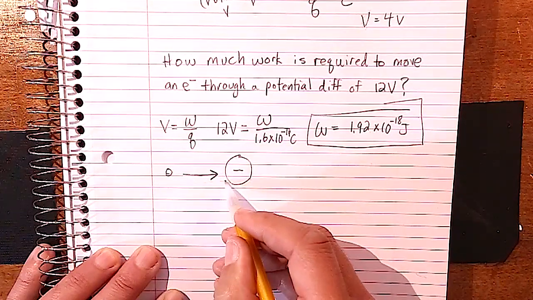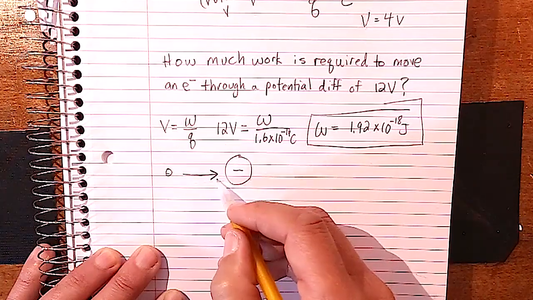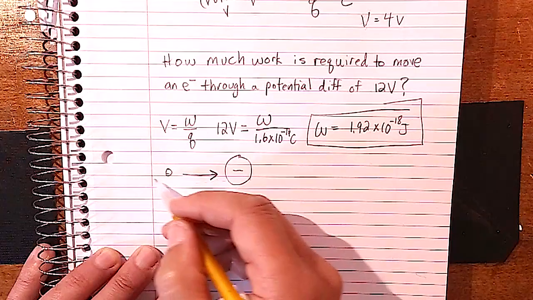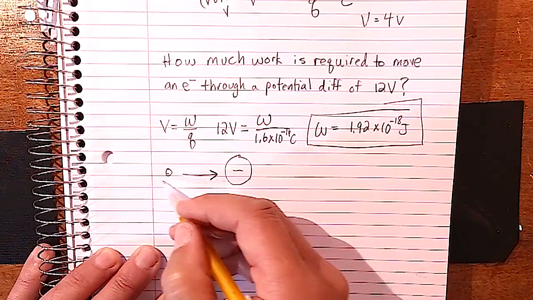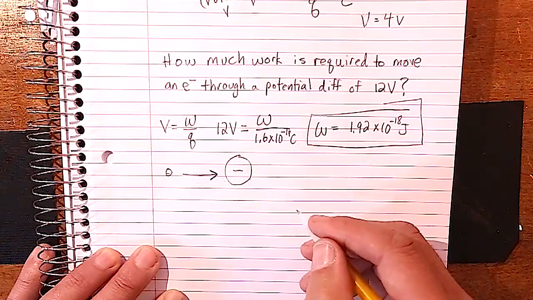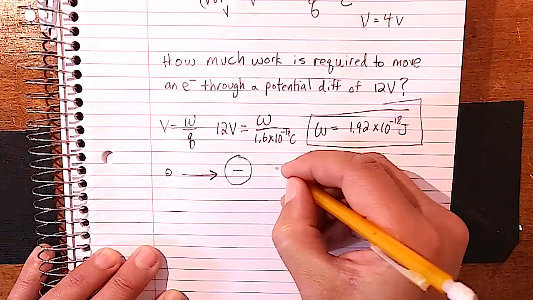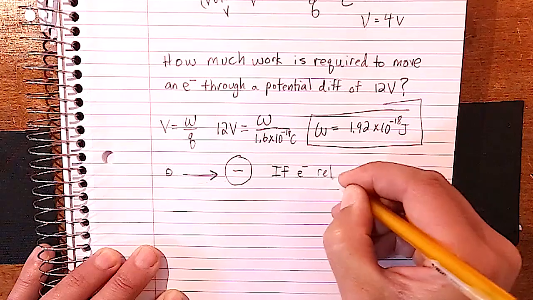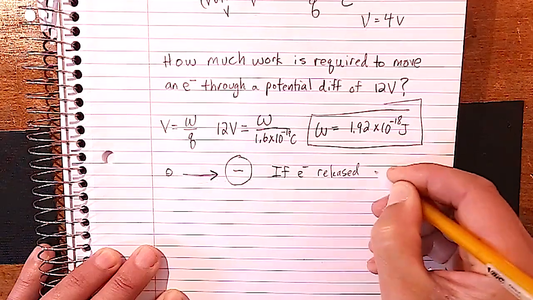So it's gaining potential energy. What would happen if we released it? Well, there would be a force on it that would accelerate it back in the other direction. So the next question is, if the electron was released, how fast would it be going?